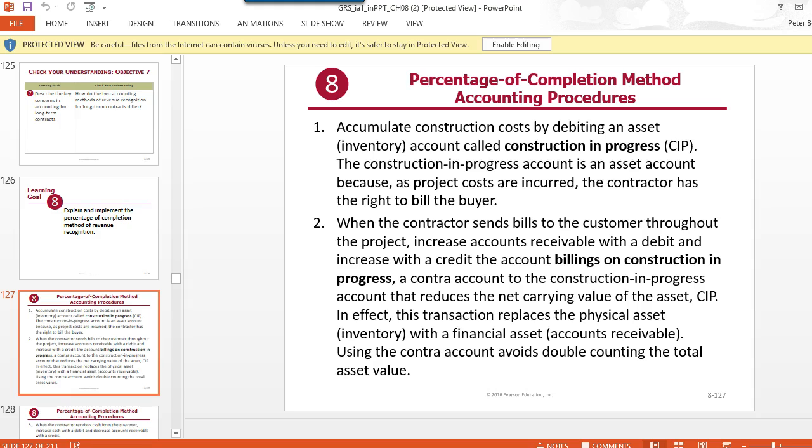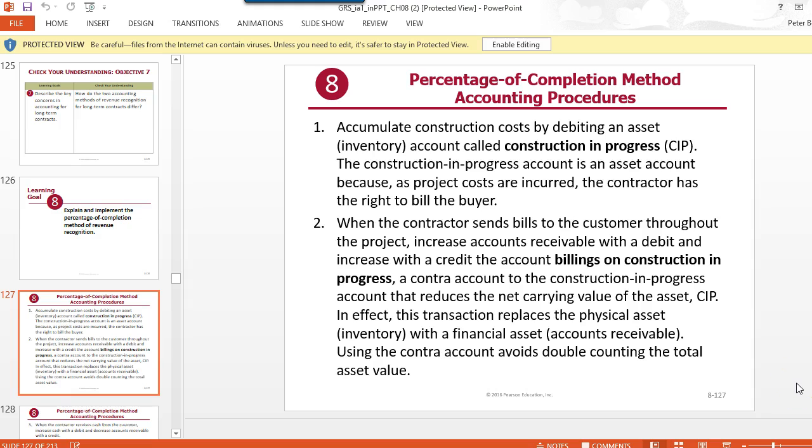You're going to record machinery and equipment on the balance sheet, less accumulated depreciation, which is a contra asset, to give you a net book value. So it's the same theory. We're using the same theory as you would do with fixed assets.